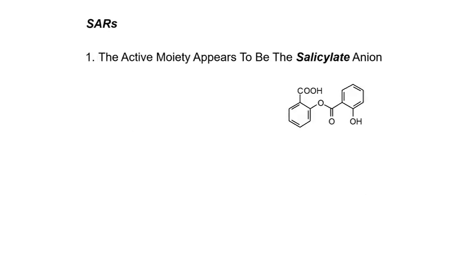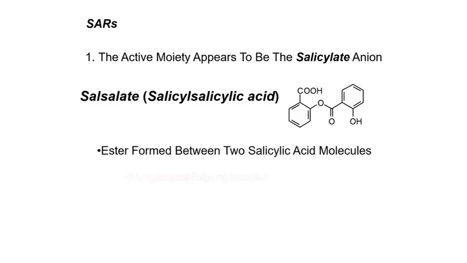The salicylates have as pharmacophoric group the carboxylate anion that is able to interact ionically. So the anionic group is a pharmacophore of this structure. Salsalate, which is salicyl salicylic acid, is a derivative of aspirin.